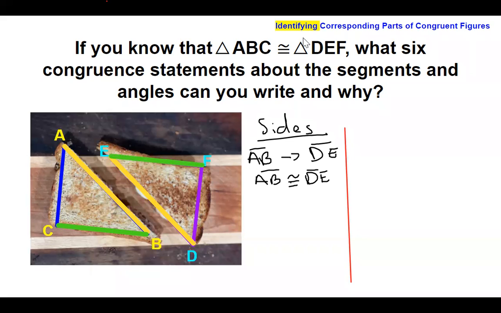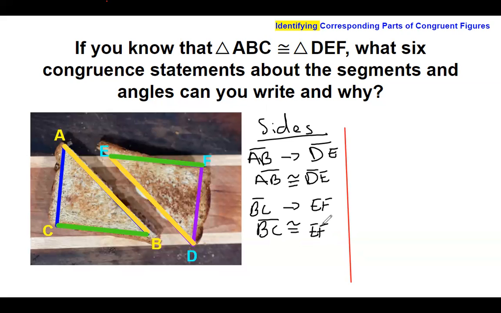Let me write that down. So BC is corresponding to EF. And since those two triangles are congruent to each other, I can state that the lengths are congruent to each other. So BC is congruent to EF.